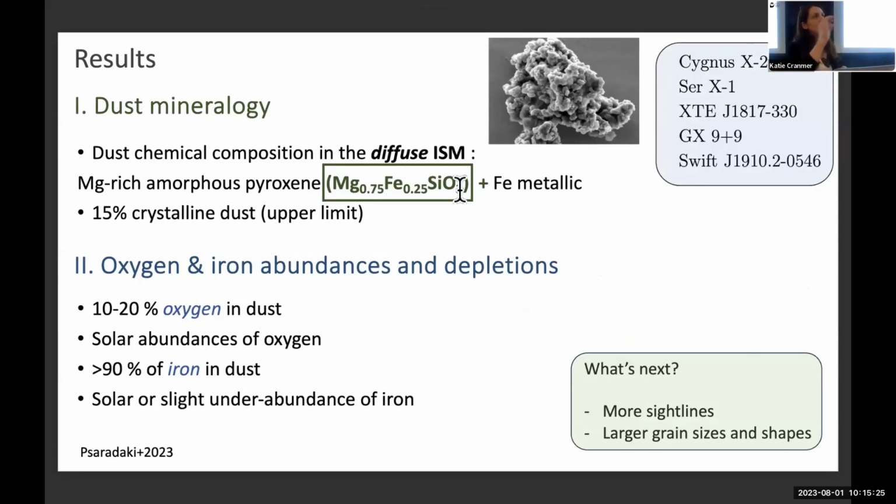Actually, we get a slight overabundance of oxygen, but we're near the galactic center, I mean the galactic plane, so that might not be that bad. About metallic iron, we didn't find much, about 10 to 20%. That's how much doesn't have oxygen, of course.